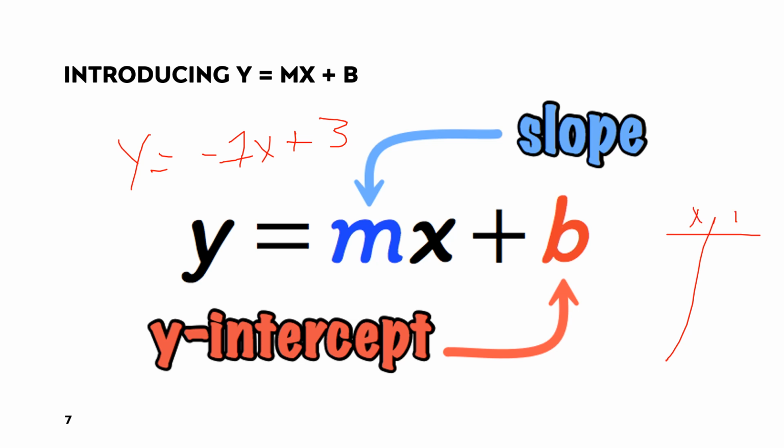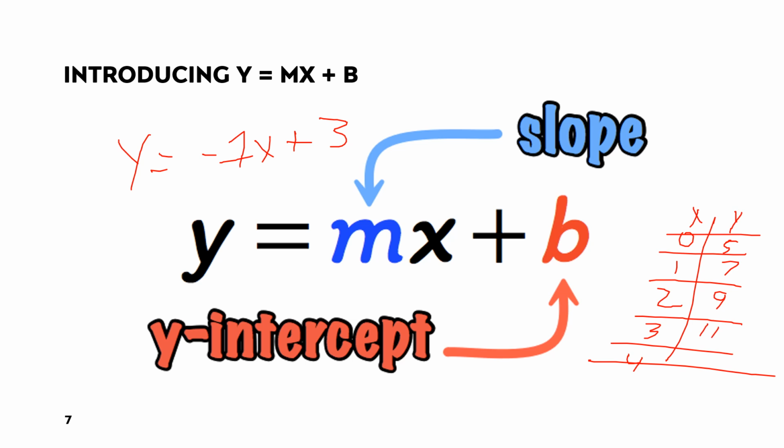Tables are good, right? Don't get me wrong, I like tables. But the drawback to a table is you're limited by your space on the table. So here, with this table, we have 0 through 4. But what if we wanted to know what, say, 71 was? Well, you would just plug in.